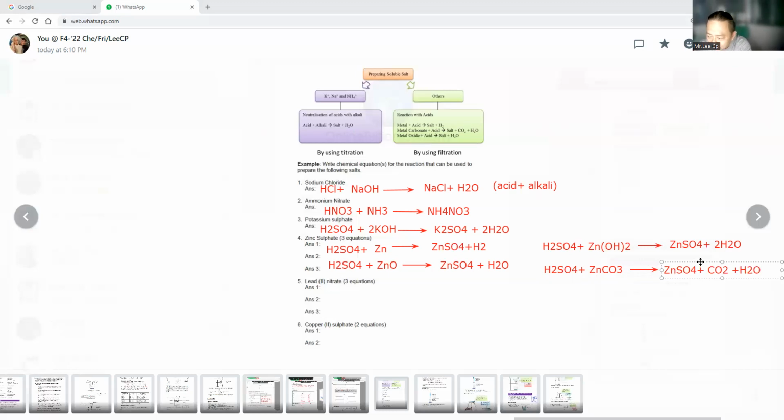Balance the equation for me. SO4, SO4, same, no problem. Zinc 1, same, no problem. CO3, CO2, so there is still one more O here, and it goes to the H2O. Balanced.